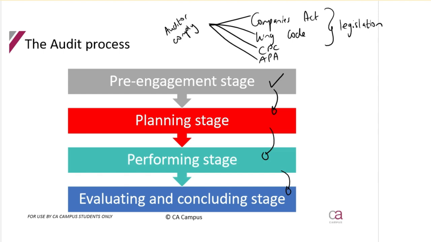the CPC and the APA, because the CPC is aimed at chartered accountants, and there are 2 specific parts aimed at chartered accountants in public practice, so as auditors. They have to comply with the fundamental principles and independence when in public practice engaging with clients.